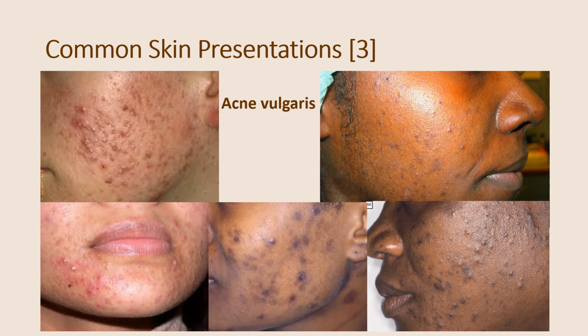For this reason, it is important to always treat acne in a stepwise way and escalate treatment appropriately, as preventing post-inflammatory hyperpigmentation by treatment of the acne is much easier than managing post-inflammatory hyperpigmentation.